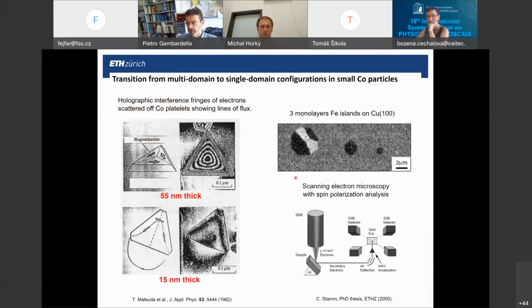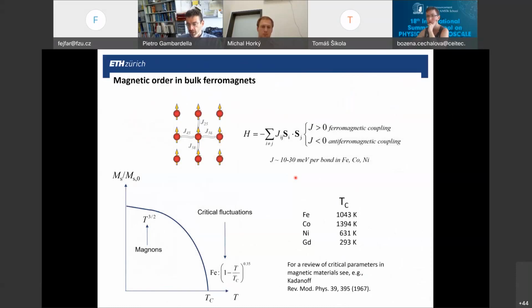Okay. And this is also observed in real systems, that when you reduce the size of a magnet to nanometer dimensions, then really the system tends towards a single domain. Okay. Another important fact that one has to take into account when dealing with magnetic thin films and interfaces is the fact that magnetic order is affected by the dimensions of the system.